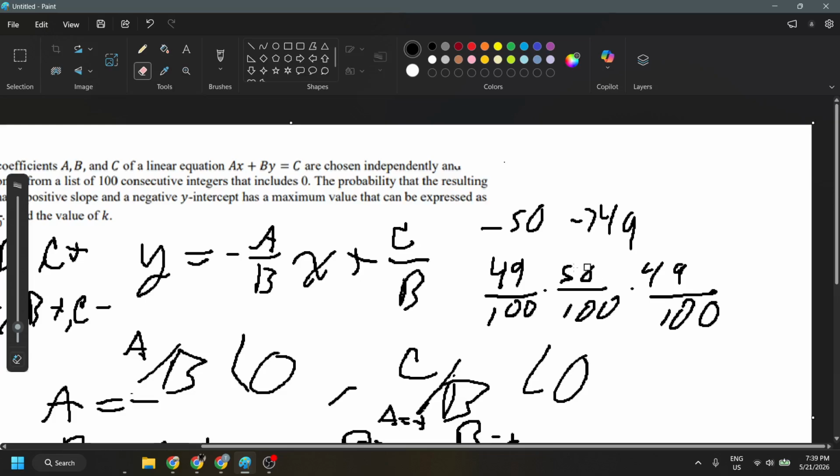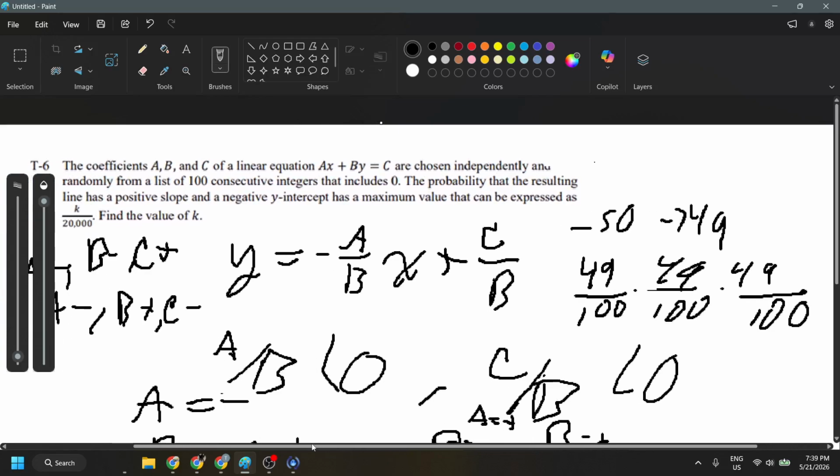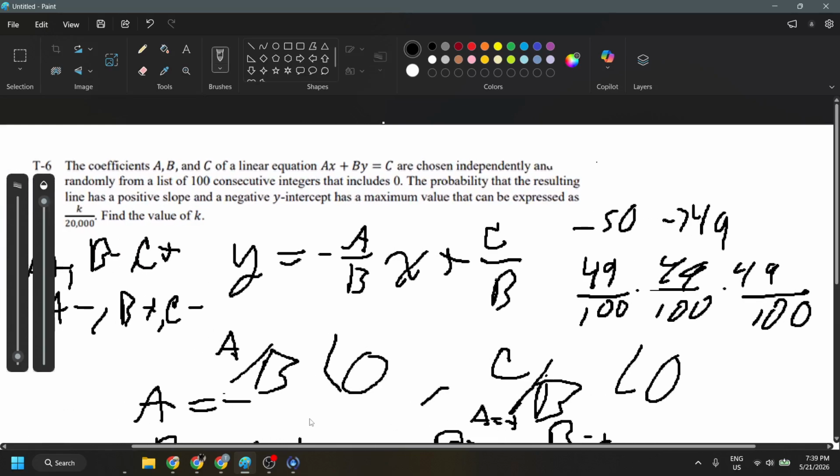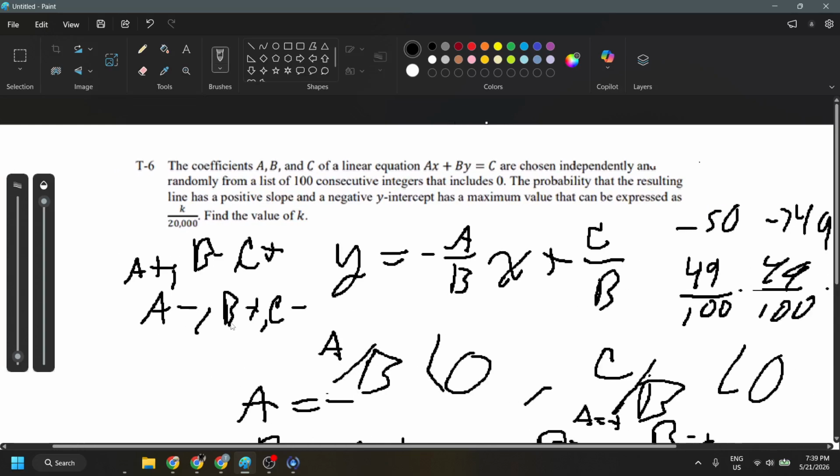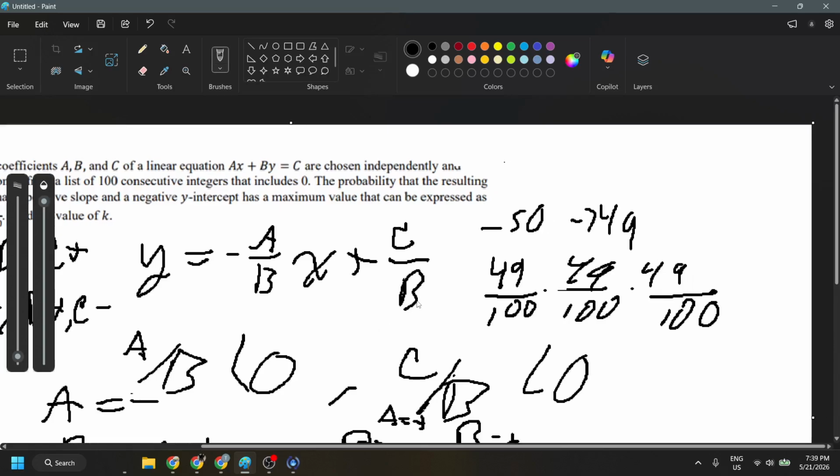This is also 49 out of 100 actually, because we can't have 0. It's a positive slope and a negative y-intercept, so C can't be 0, A can't be 0. It's the same thing for this one. So it's 49 of 100 times 49 of 100 times 49 of 100, plus, I guess it's just 2 times that.